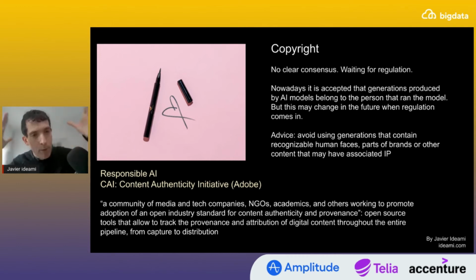Basically, they are going to provide open source tools that will allow you to track the provenance and attribution of digital content. We will be able to know where digital content comes from, if generative AI has been used to produce it or not, etc. And they have provisions, of course, to protect the privacy of people involved in this process.